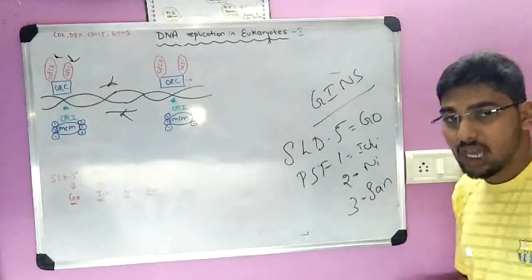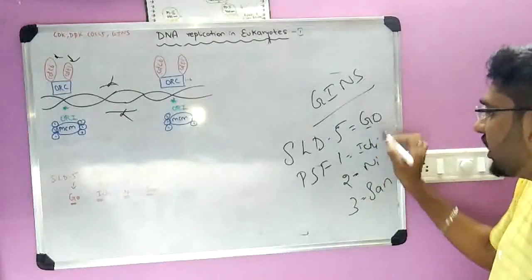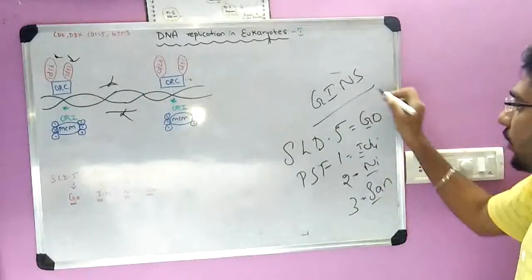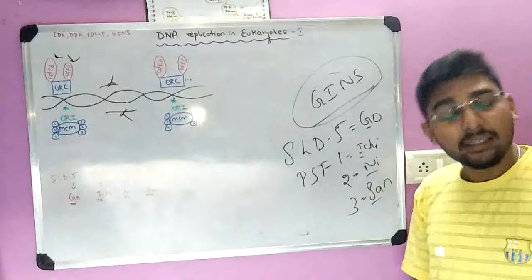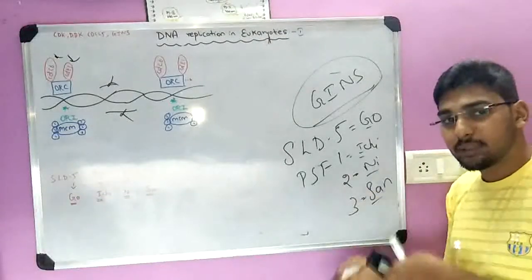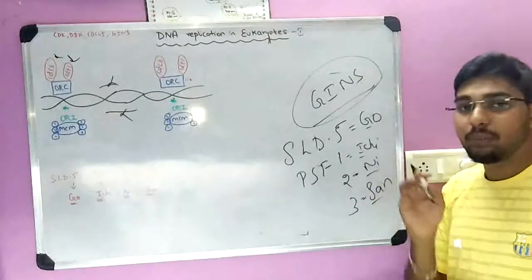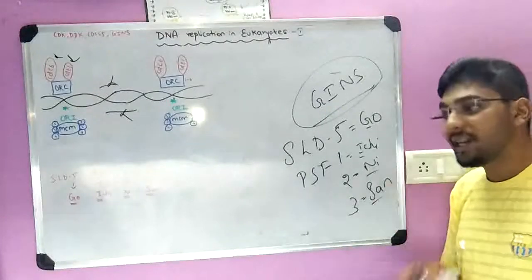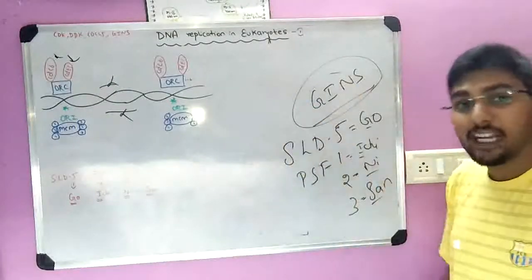So if you take the first letters G-I-N-S, you get the acronym GINS. GINS is also responsible for the initiation, activation and elongation processes of DNA replication.